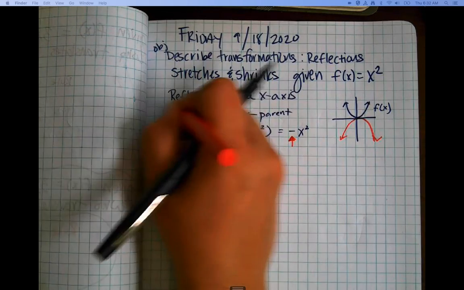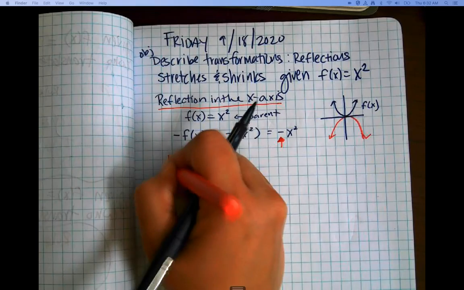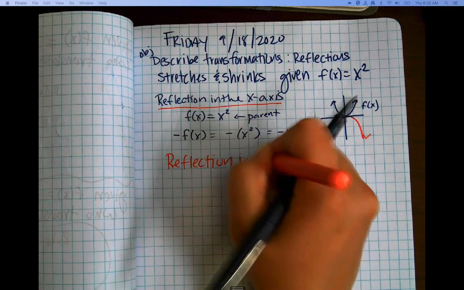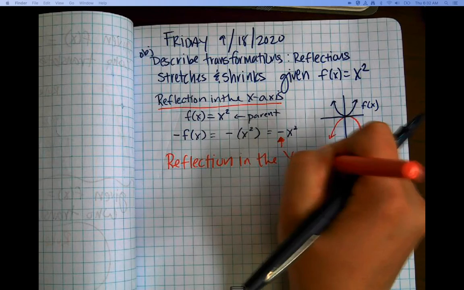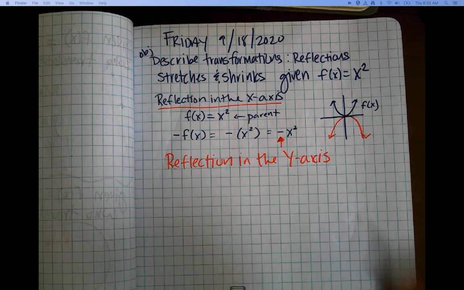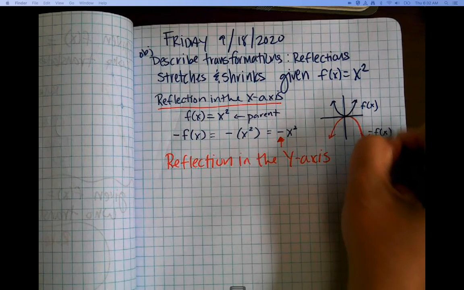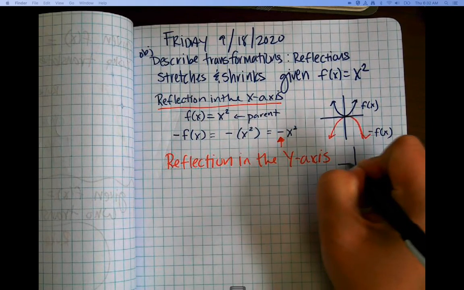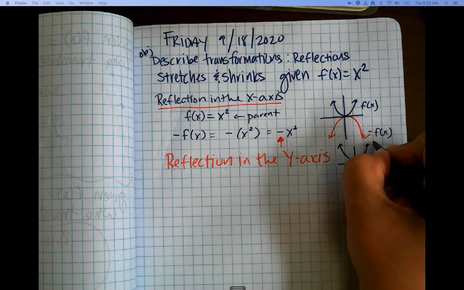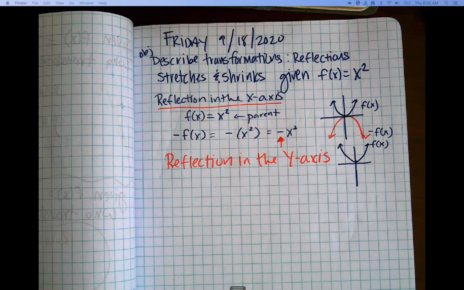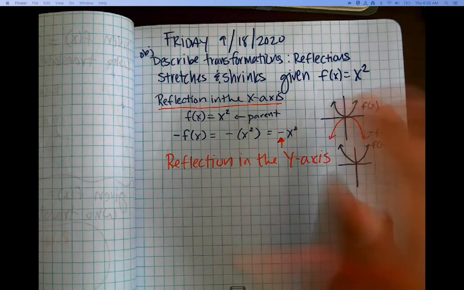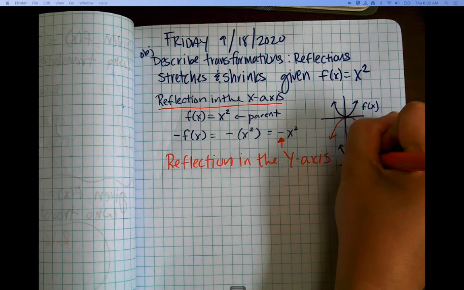I can also have a reflection in the y-axis. So again, it would flip over the y-axis. Oh, this was negative x, sorry. But because of symmetry, if this was f of x, whenever this flips over the y-axis, it actually just flips on top of itself.